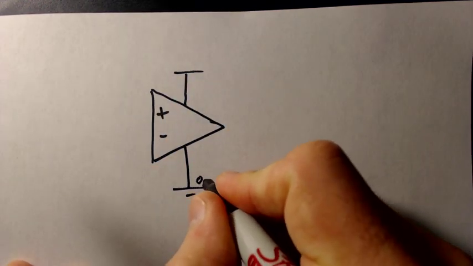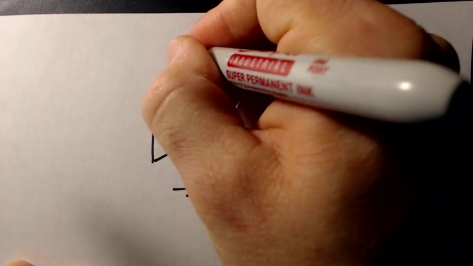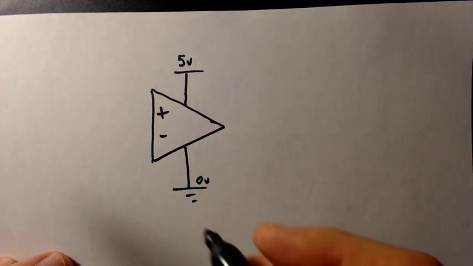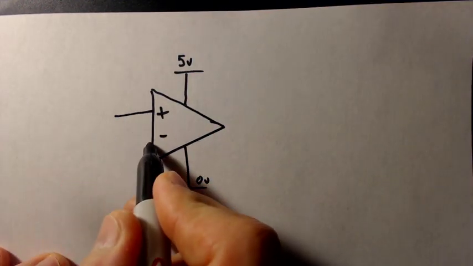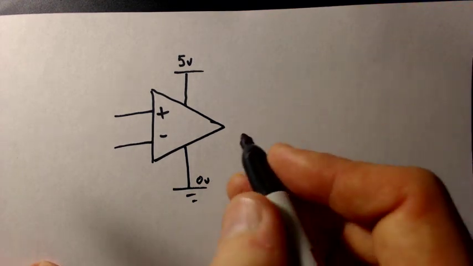I'm going to stick 0 volts for our negative rail, and 5 volts for our positive rail. So the device is being powered between 5 volts and 0 volts.